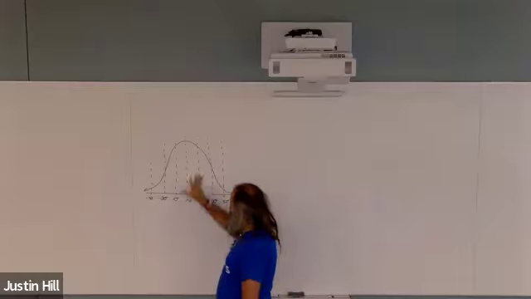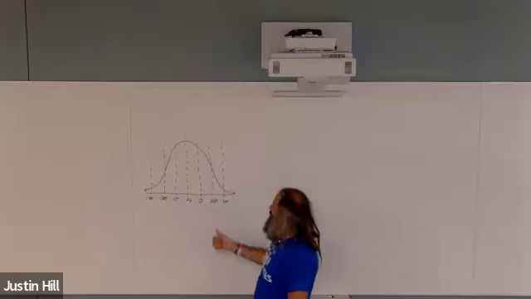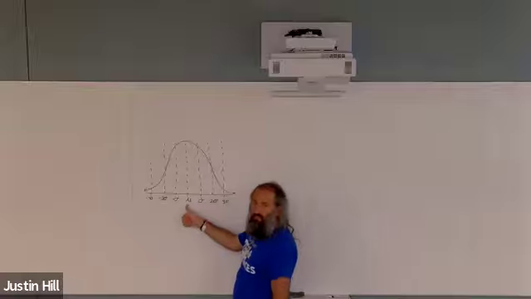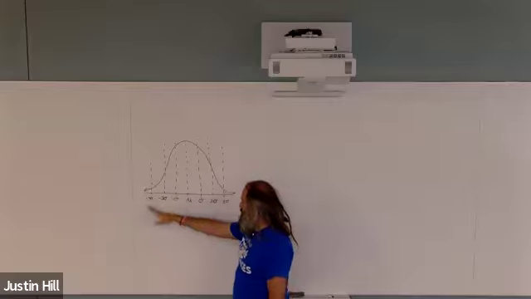So if it's roughly bell-shaped, then my mean is basically in the middle, and we can count off standard deviations to the left and the right.